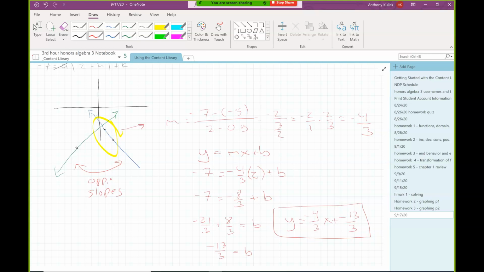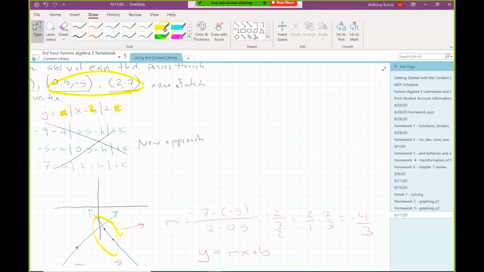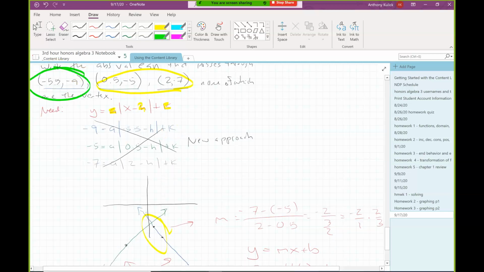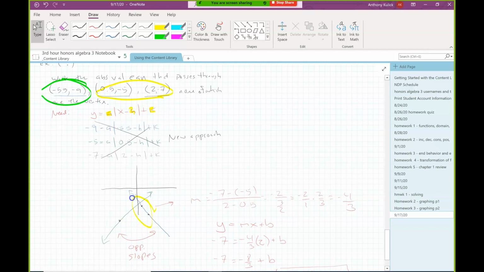If this one is going up at 2, this one should be what? Yeah, that's right. So what I can do then is if I take this point, I can go 3 units to the right and 4 units up and find another point on that line, right?